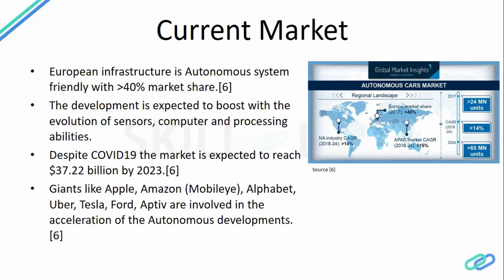And why? Because I'll talk about European infrastructure first, which holds more than 40% of the market right now. The main reason is the European infrastructure, the European roads, and even the people, they are quite open to adapting to autonomous systems. Consider Norway, Sweden, the Netherlands, Germany.